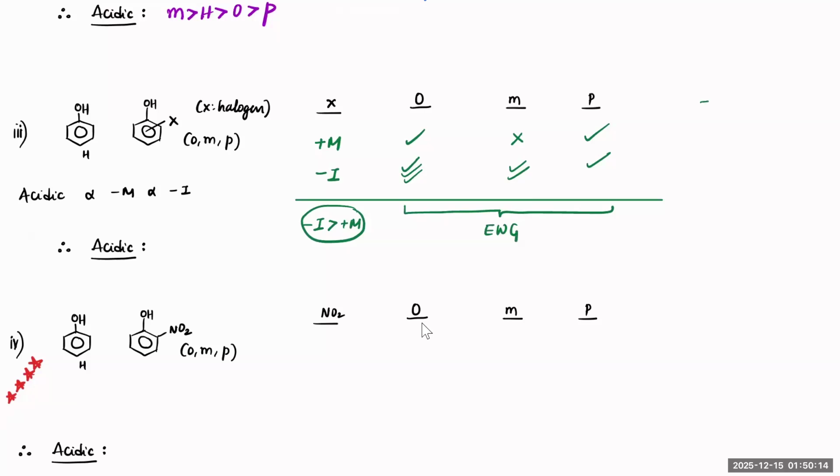And you know that if electron withdrawing groups increase, acidic nature will increase. So between ortho, meta, para, definitely ortho, which is much closer to the O minus group, will be the most acidic. So ortho, then meta, then para, and last comes hydrogen.